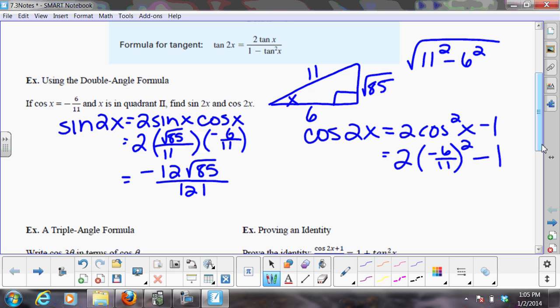Well, -6/11 squared is 36 over 121. 36 times 2 is 72. It's positive because I squared it. Minus 1. And we end up getting -49 over 121.